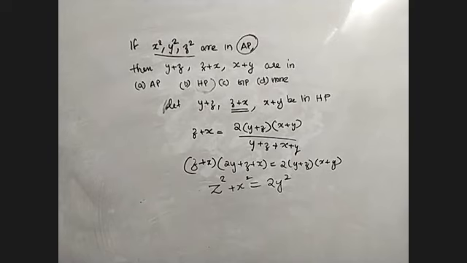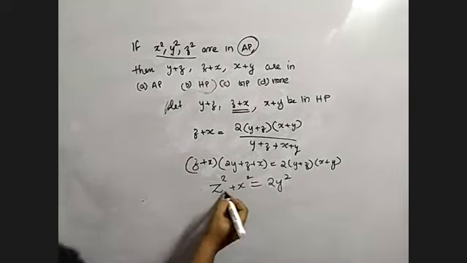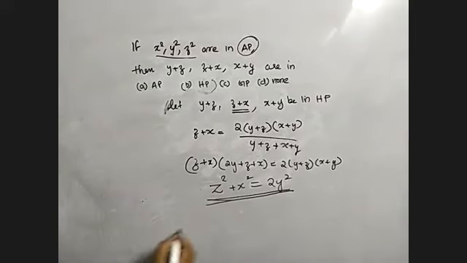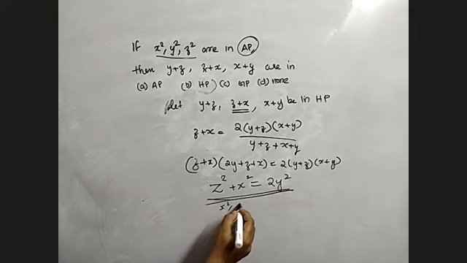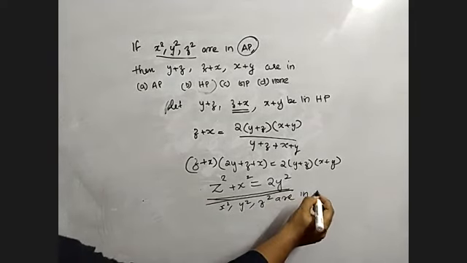So Z square plus X square is equal to 2y square. If you're getting this, it means we can say X square, Y square, Z square are in AP.